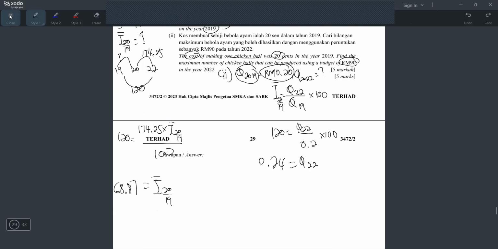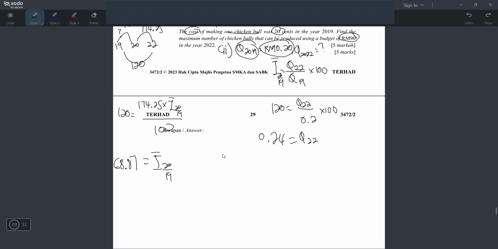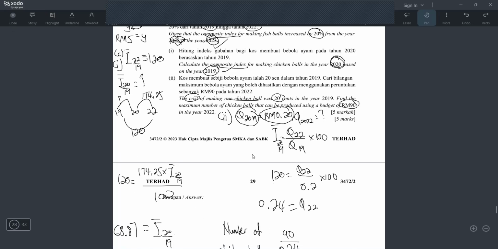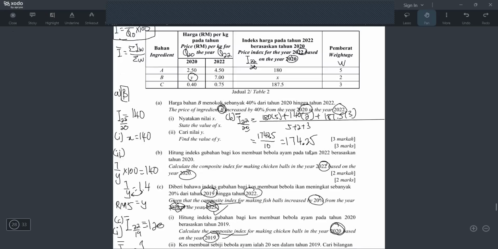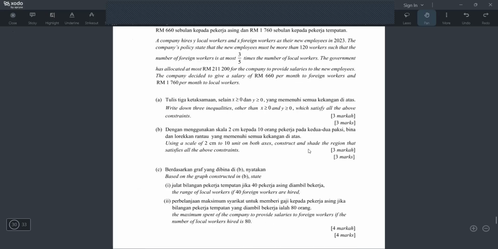So the number of chicken balls will be 90 ringgit, because that's the budget, divided by the price of one chicken ball, 0.24, and you will get 375. It means the maximum number is 375 chicken balls. Yeah. So yeah, correct already. Okay. So I don't know what I was thinking earlier. Actually, I did everything correctly. So yeah. So 10 marks for this question. Okay, hope you understand.